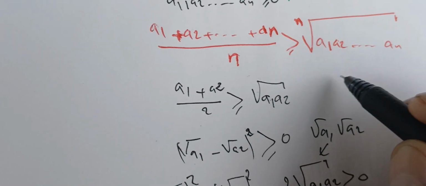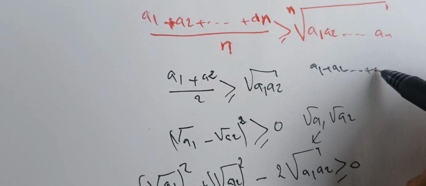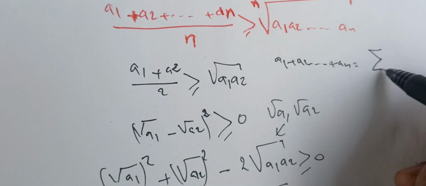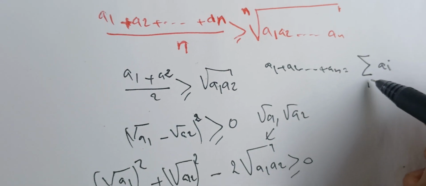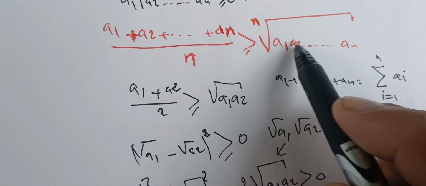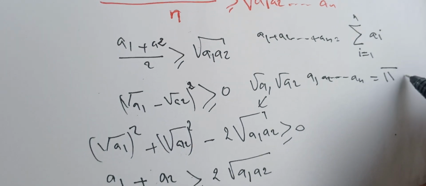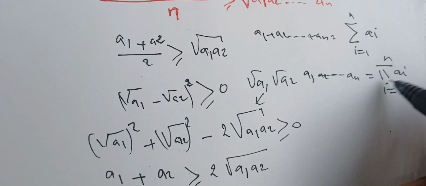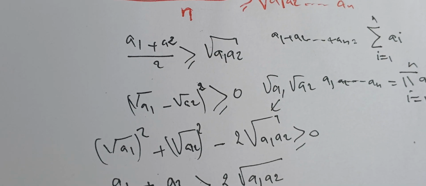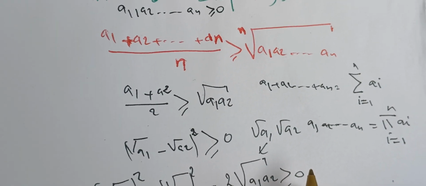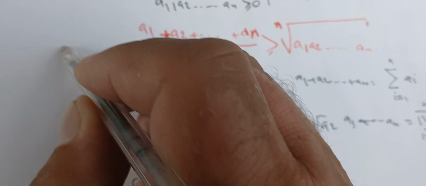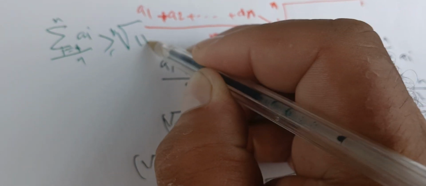We can write A1 plus A2 plus ... plus AN in sigma notation as the sum of the AI's with I going from 1 to N. And we can write the product A1, A2, ..., AN as the pi product of AI with I going from 1 to N. Doing so, we see that the AM-GM inequality becomes: the sum of the AI's, I going from 1 to n, over n is greater or equal than the nth root of the product.